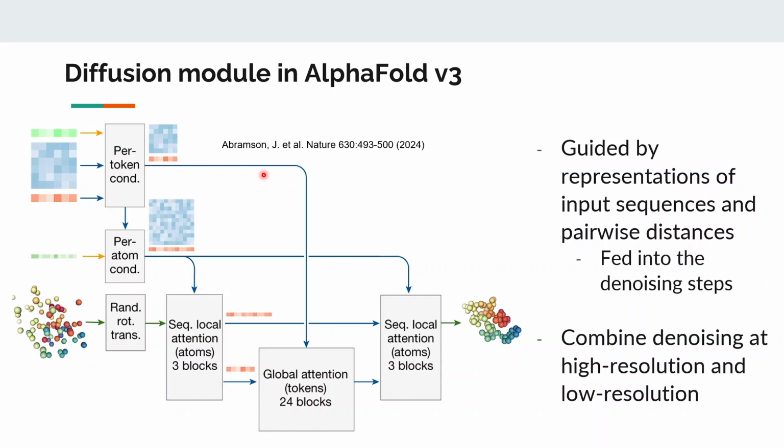It's going to be guided by the 3D distance information. So it makes sense that if you want to generate a protein starting from a random position, you want to guide the process using data from evolution and using data from constraints inside the generation.